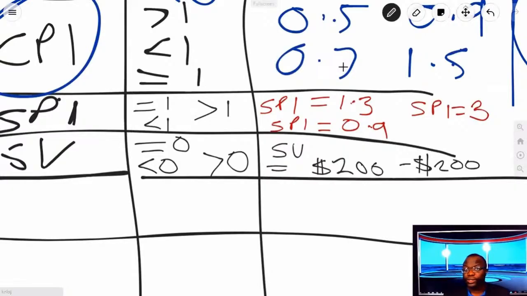SV equals positive $200 means you are ahead of schedule and you've gotten $200 worth of work done ahead of the schedule. Minus $200 schedule variance means there is $200 worth of work that should have been done by today and it is not done, or it should have been done by the end of the time period and it is not done.